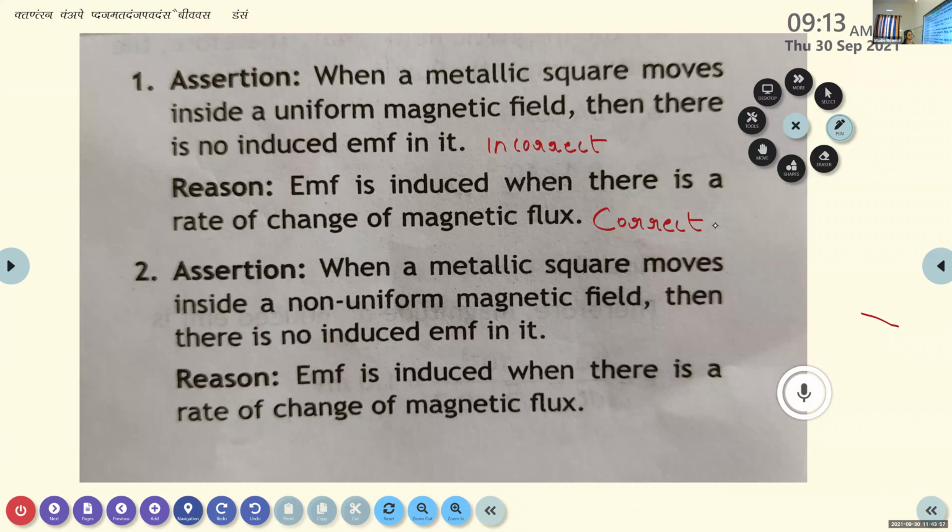Second question, the assertion is this: when a metallic square moves inside a non-uniform magnetic field, then there is no induced EMF in it.